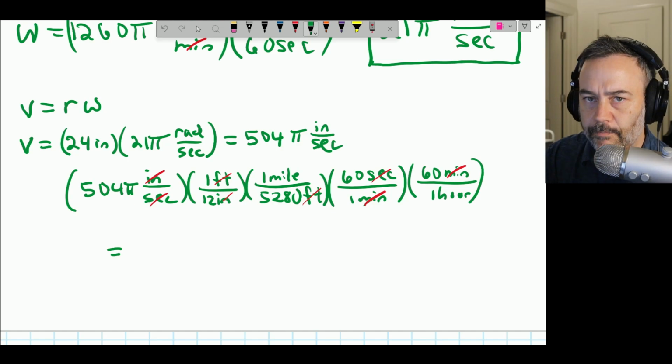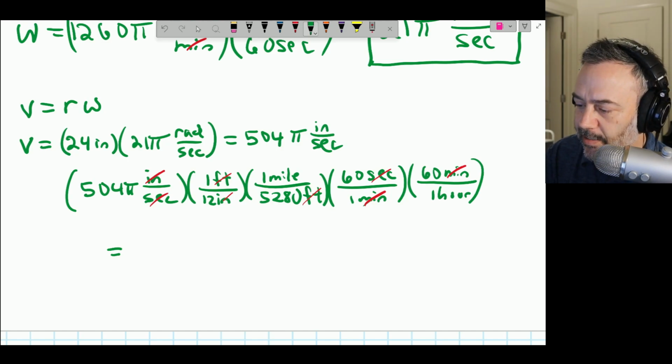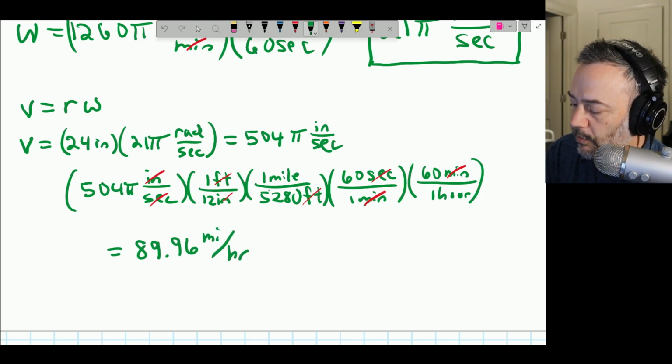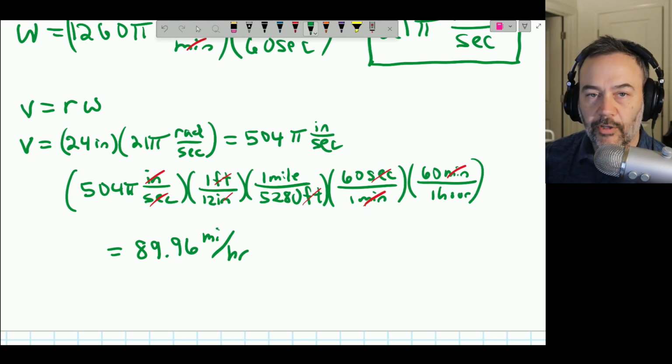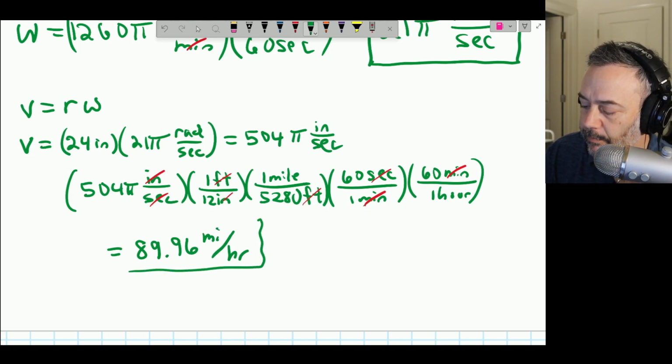I did the calculation ahead of time to make it a little quicker. You're going to get 89.96 miles per hour when you multiply out all this. You just do 504 pi times 60 times 60, and then divide that by the quantity of 12 times 5,280. And this is what it works out to be.